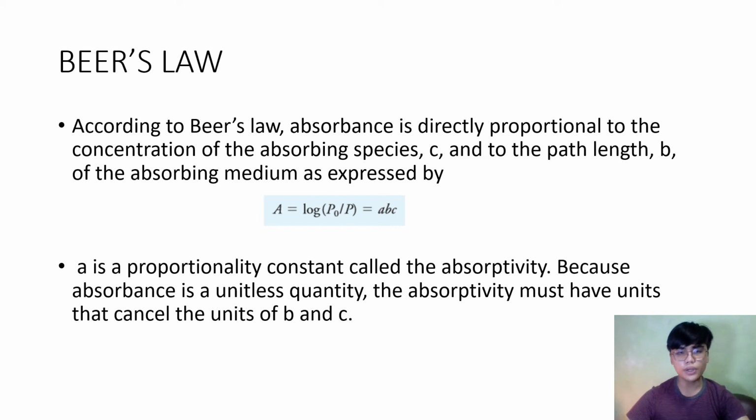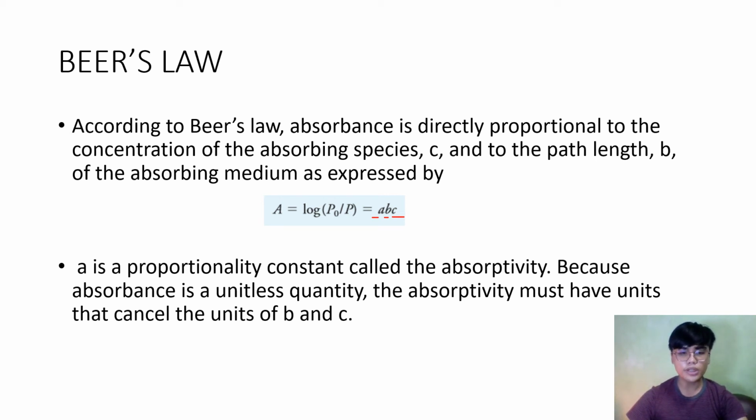According to Beer's law, absorbance is directly proportional to the concentration of the absorbing species, C, and to the path length, B, of the absorbing medium, as expressed by absorbance is equal to log initial P over P, which is equal to A times B times C, wherein letter A is a proportionality constant called absorptivity, B is the path length, and C is the concentration of the absorbing species.